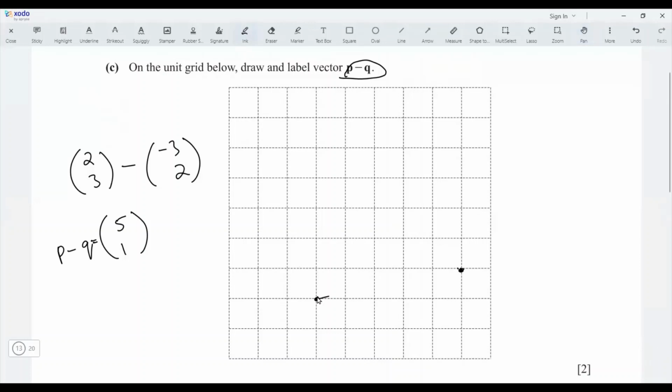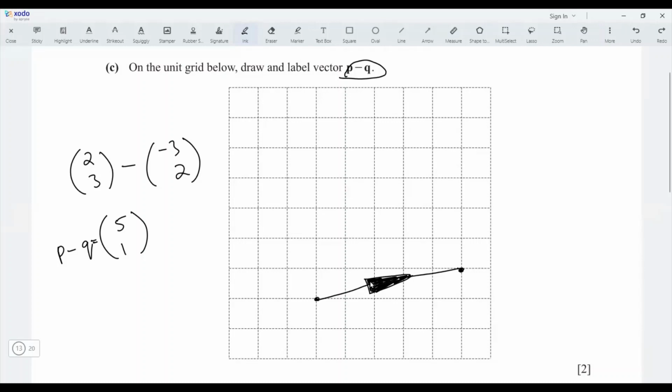So joining these 2 points, if you join this, simply mark the arrow, meaning the starting point must have the tail and the end point must have the head of this vector. So it is P minus Q, it is represented.